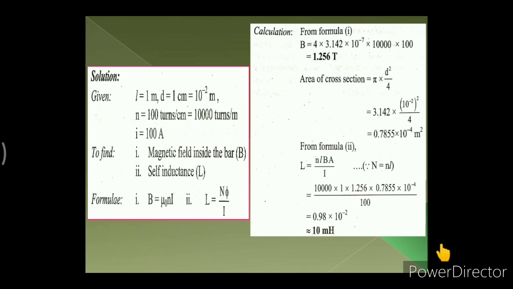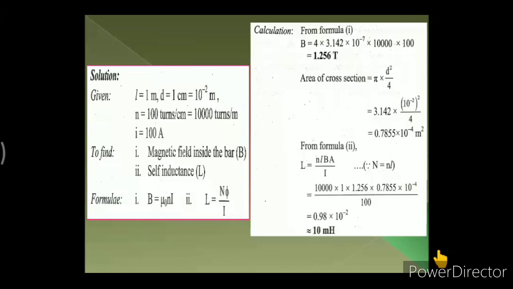So here we can write it is approximately 1.0 into 10 raised to minus 2 Henry, and hence can be written as 10 into 10 raised to minus 3 Henry, and finally we can give the self inductance approximately as 10 millihenry.